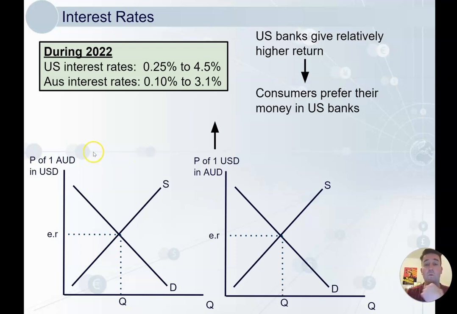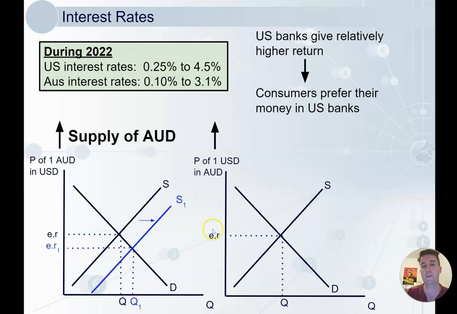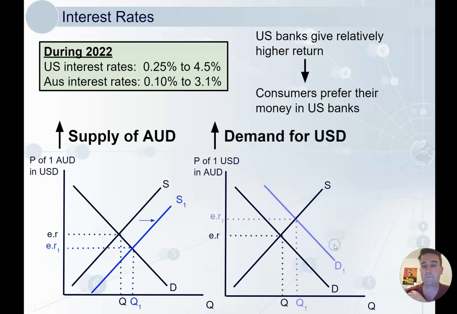So a lot of people will take their money out of Australian banks. They'll increase their supply of Australian dollars and put them into US banks. So to put Australian dollars into US banks, you have to first buy US dollars. So that increases demand for US dollars. There we go. We get this situation. Appreciation US, depreciation Australia.